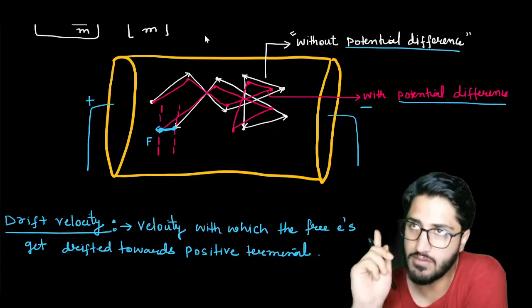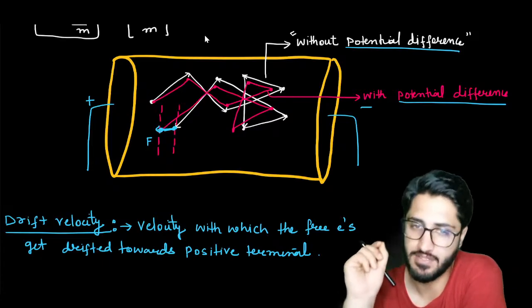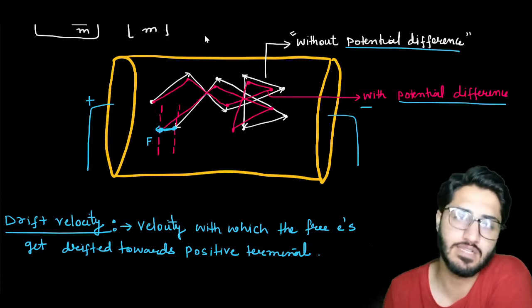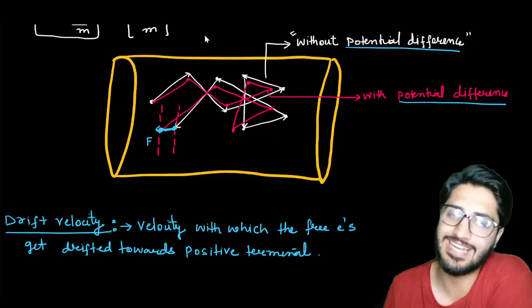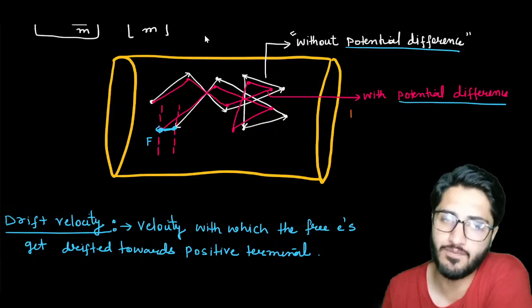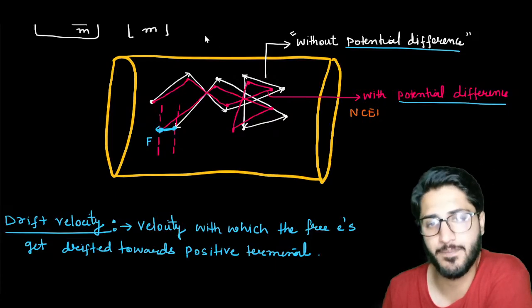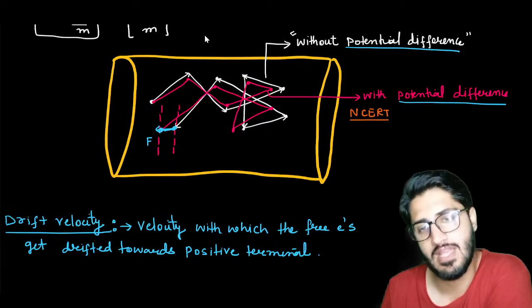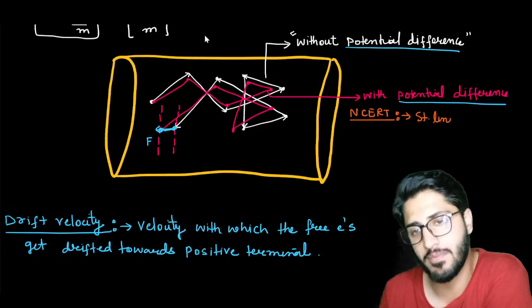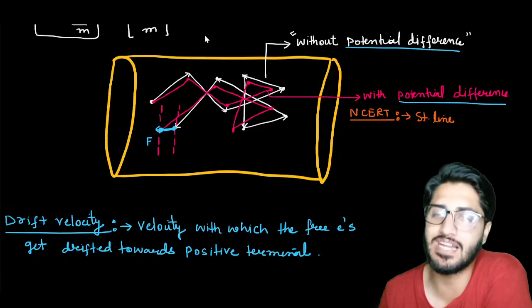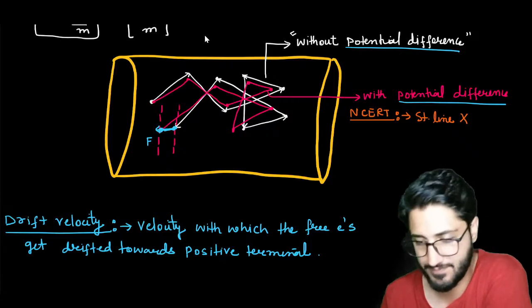And one more, I can add the most important thing. If we talk about the NCERT, NCERT told us these are not straight lines. If I am denoting these things in a straight line, just mark these words: these are not straight lines.